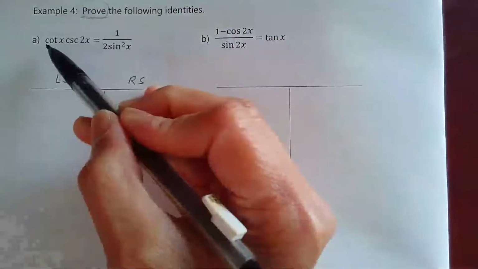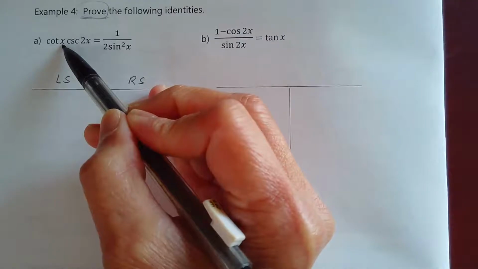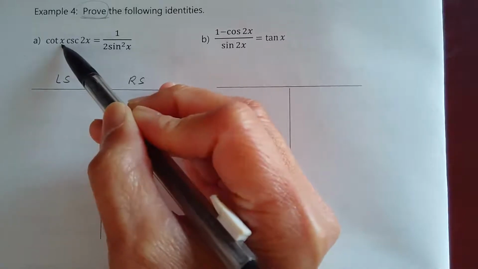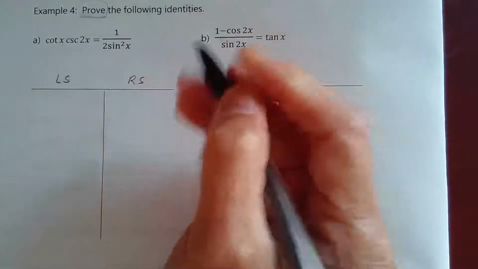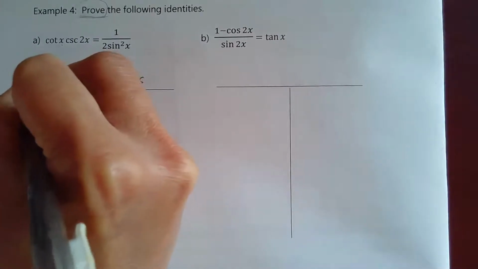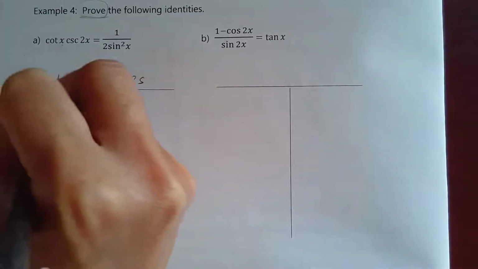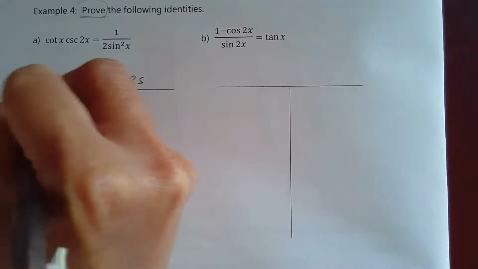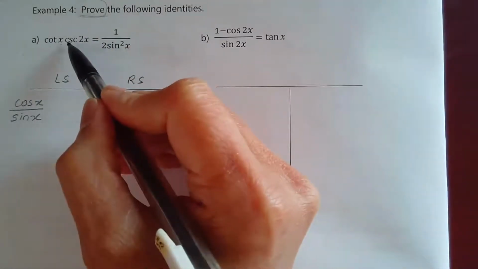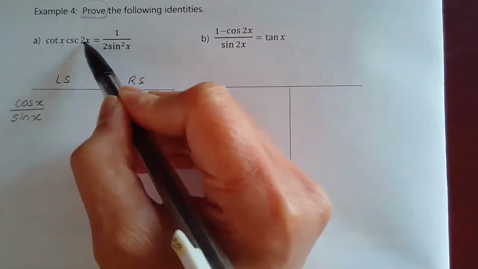Okay, cotangent of x. Well, what do we know about cotangent of x? In a previous lesson, we said cotangent of x is the same thing as cos of x divided by sine of x. Okay, well, that one is good. And then what about cosecant 2 of x?